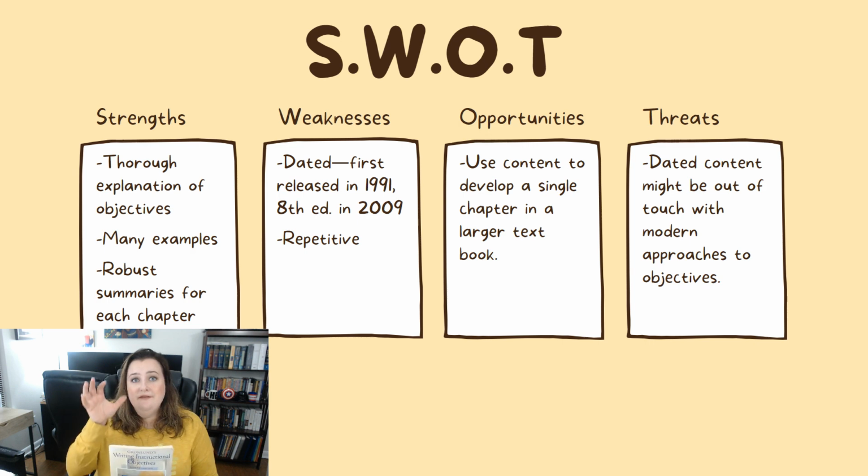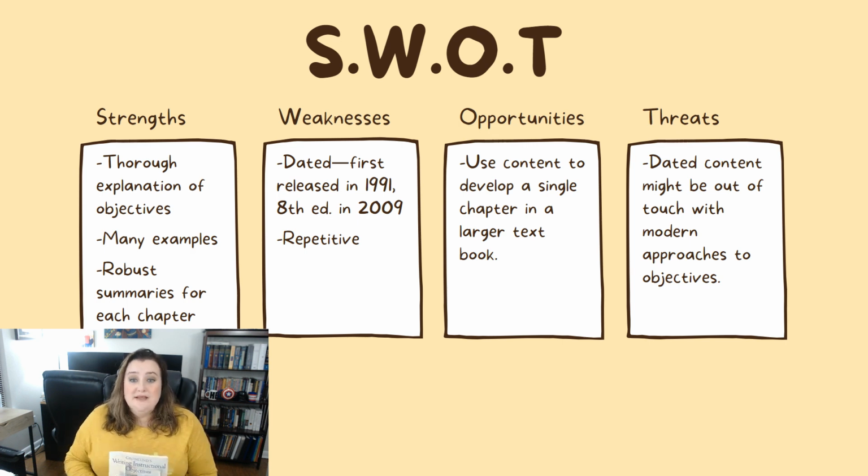It's taking a really simple task, but it is complex in that sense, writing instructional objectives. And they're really going into this over and over again in a very detailed way. So that was a weakness. Content, opportunity, as I said, developing it into a single chapter.